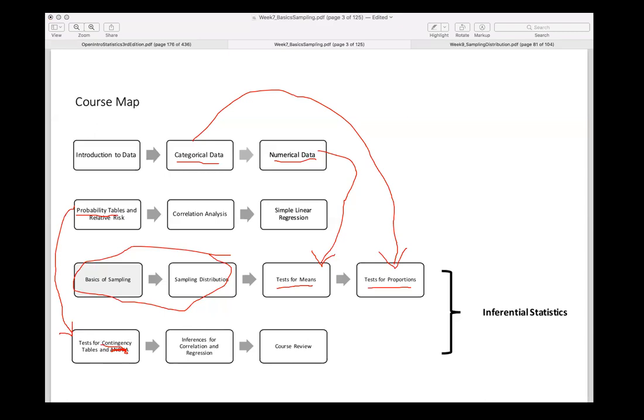Now we're going to look at correlation and regression. We run out of time near the end of this term, so we can't have it in separate weeks. But look at this, our correlation analysis and our simple linear regression. Now we can think about correlations and regressions in terms of statements about populations. So for example, let's say we have a sample of 100 people and we look at height and we find that height is correlated with better health. Let's say we look at men.